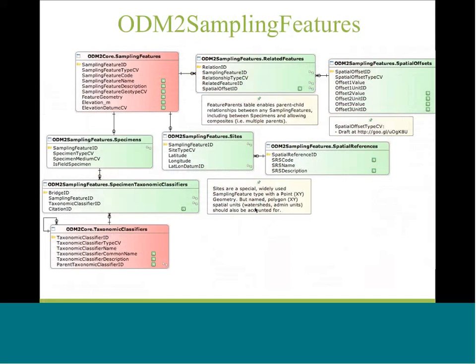So one of the other key concepts that we took from observations and measurements was the general concept of a sampling feature. And a sampling feature is very specifically where one collects data from the geo environment. So the word sample is used there from kind of a statistical point of view, right?